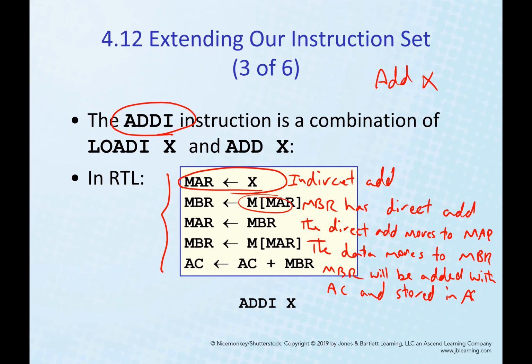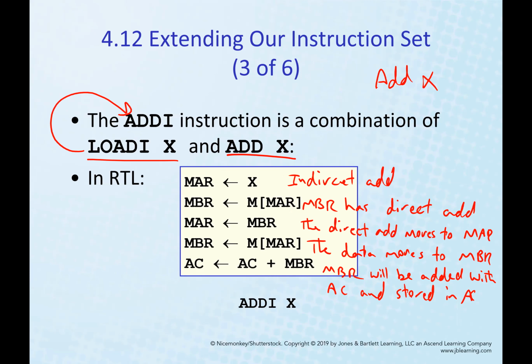If we want to build the add I instruction by using other instructions, we can combine these two instructions, load IX and add X. If we put them next to each other, they act like an add I. So we can make an add indirect instruction by combining these two instructions.